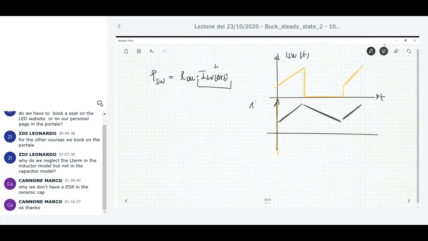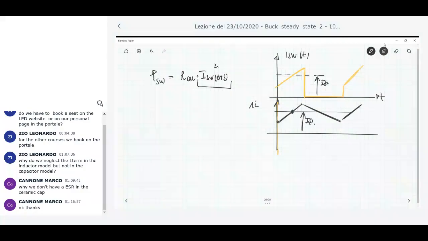This is that, and the average value is I naught. So the average value is the value in between I minimum and I maximum. Same, so we have to compute the root mean square value of this current.